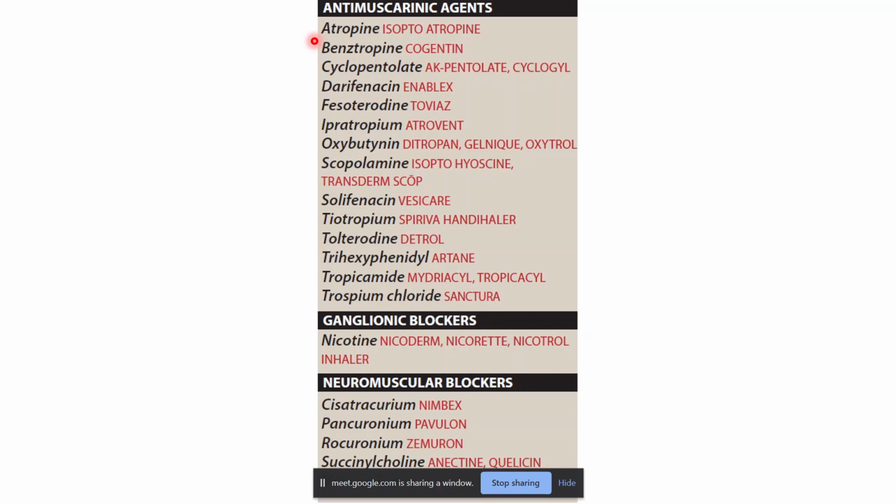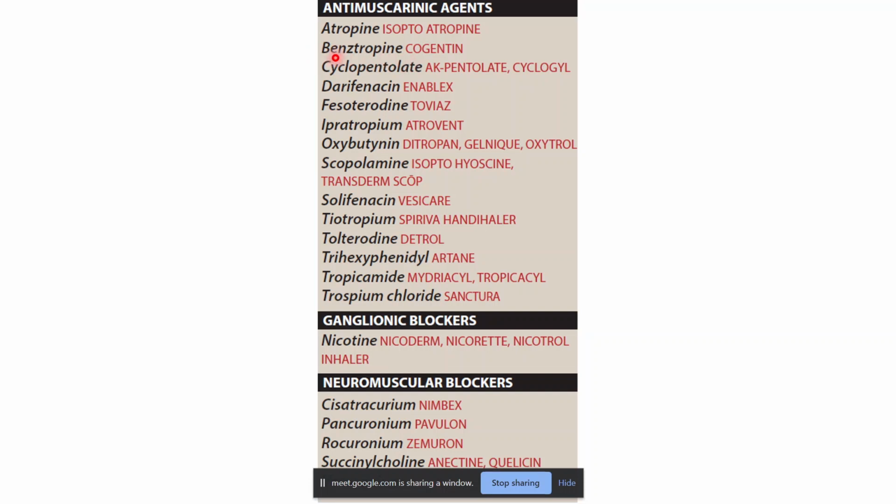Most of the properties of atropine are studied first in pharmacology, and all other drugs are either derivatives of atropine or chemical compounds that have the same properties as atropine, including benztropine.